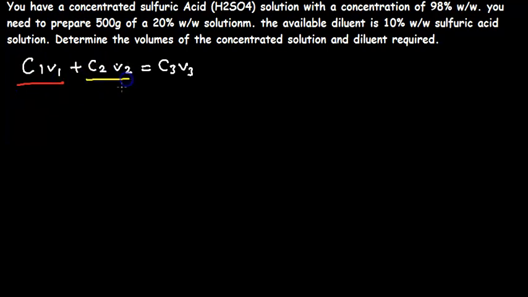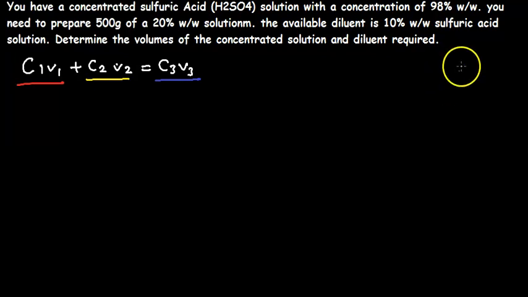What about our C2 and V2? C2 and V2 are the concentration and the volume of the diluent, which is what? 10% weight by weight of hydrochloric acid. What about C3 and V3? In this case, the C3 and V3 are the concentration and the volume of the final solution, which is 20% weight by weight of hydrochloric acid.